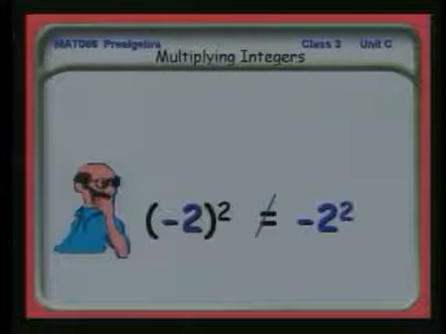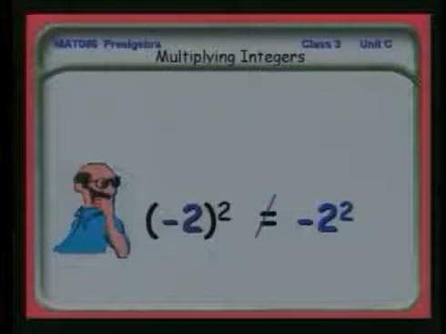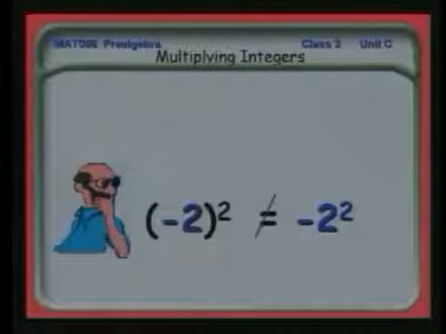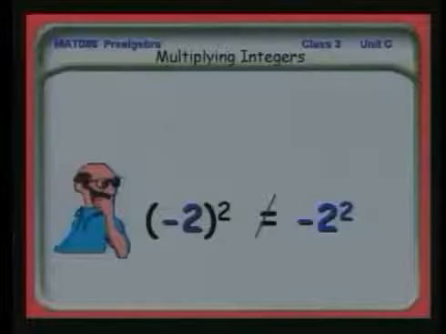Now we need to be careful here, because the quantity (minus 2) squared is not the same as minus 2 squared. Because in the first case, because you have brackets around it, you're including the minus sign. In the second case, with no brackets, the squared works only on the 2 and not on the minus. So (minus 2) squared is going to be plus 4.